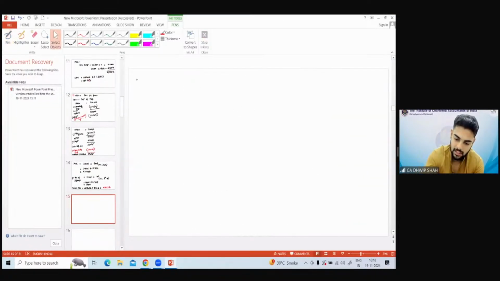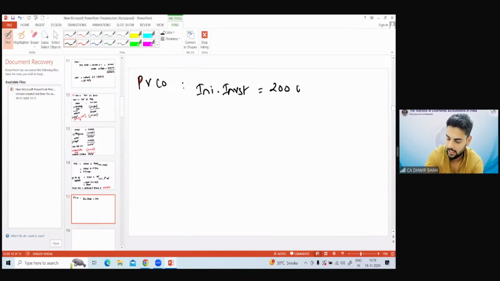And my PVCO, present value of cash outflow, is just the initial investment of 2 lakh. Since it would be at the start of the project, we don't need to discount this.